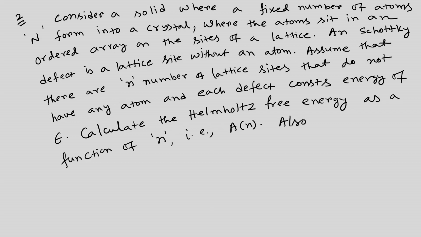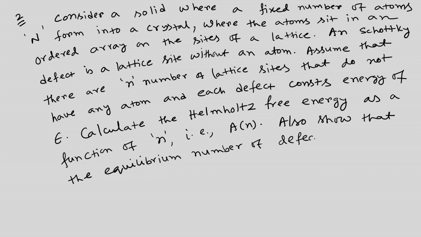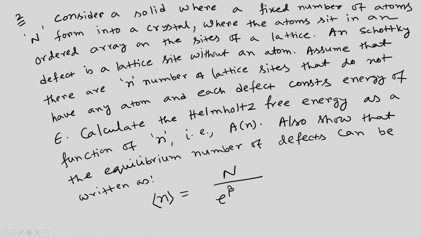Also show that the equilibrium number of defects can be written as small n average is N by e to the beta epsilon minus 1.